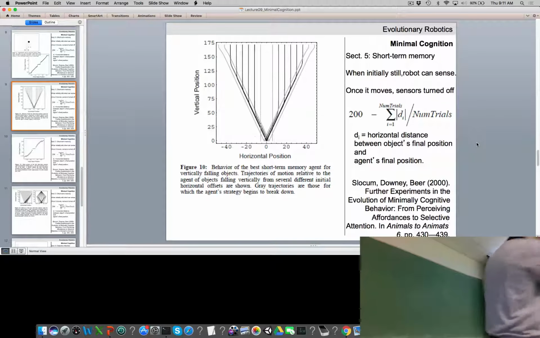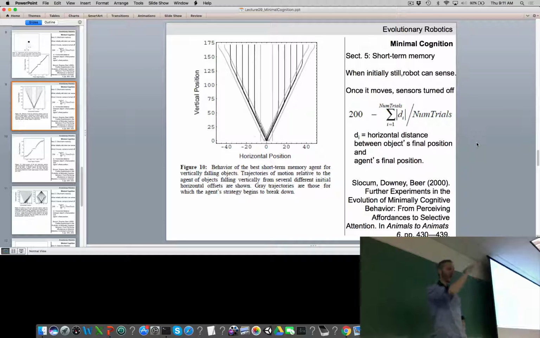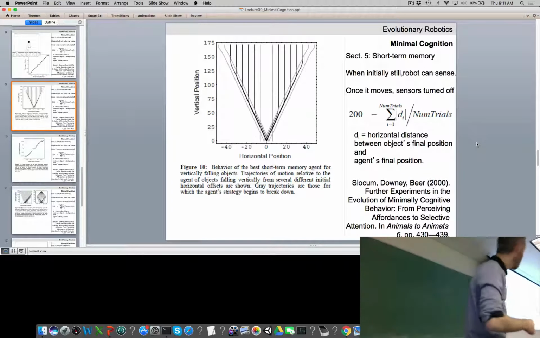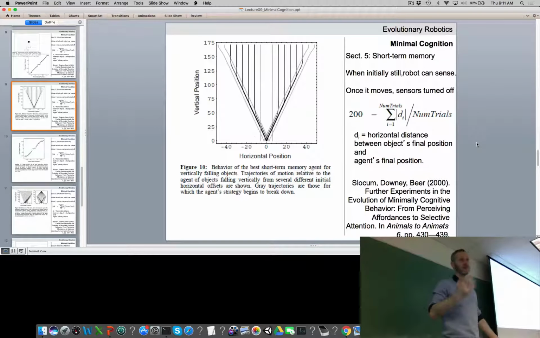You can see at least that all the diagonal lines here have the same slope. So it was always moving at the same velocity relative to the object. I'm imagining that they probably dropped the object at the same vertical velocity in all of these cases, which means the robot is always moving at the same horizontal velocity. But I can't tell from this picture if it's a slope of 1, maybe.